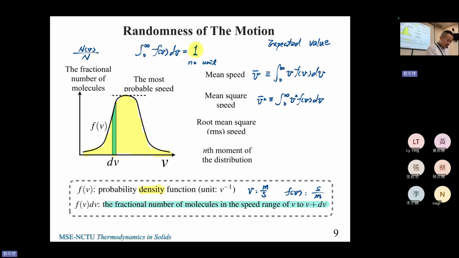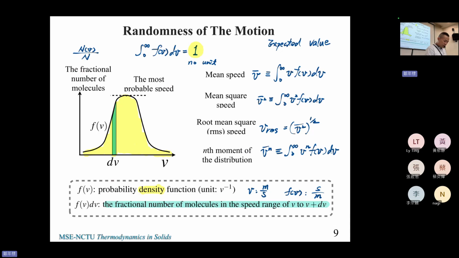But root mean square, well, it's not that useful, but RMS is the square root of v squared bar. And the nth moment, well, by definition, this is not that important, but I just tell you the mathematical formulation.